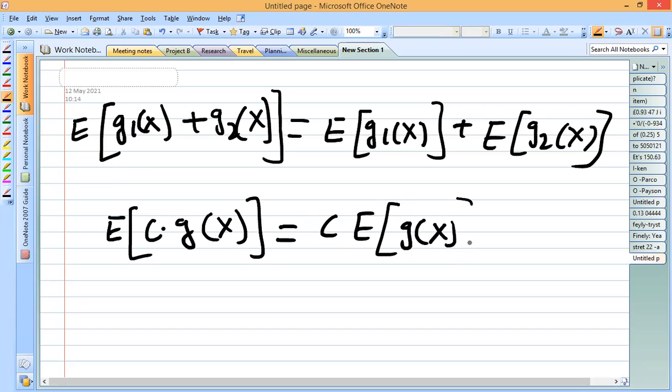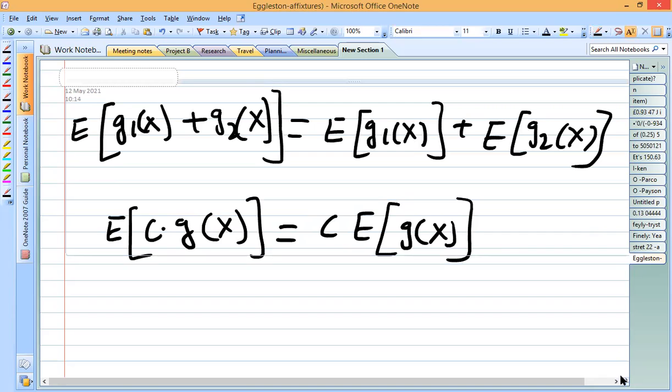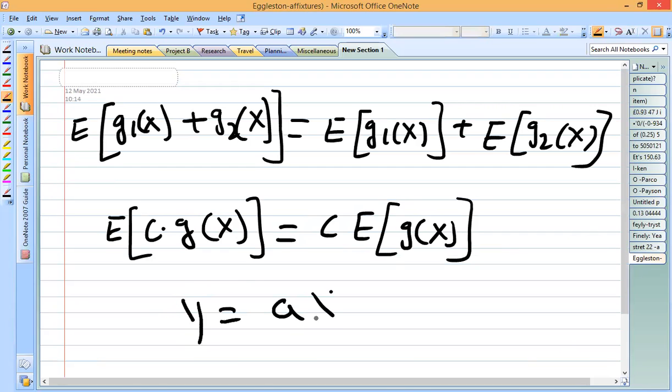Whatever properties we have studied can be applied to some transformation functions. Here one famous transformation function is y is equal to ax plus b. This is considered as the linear transformation function.